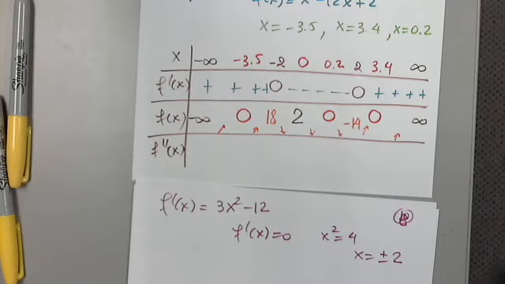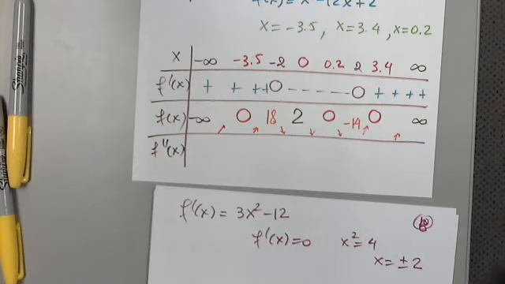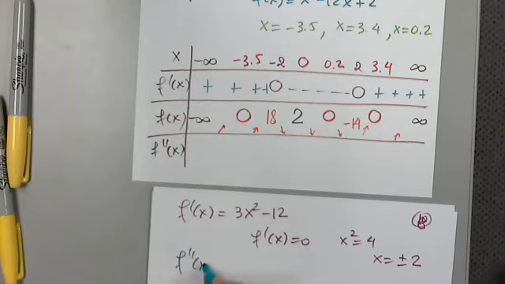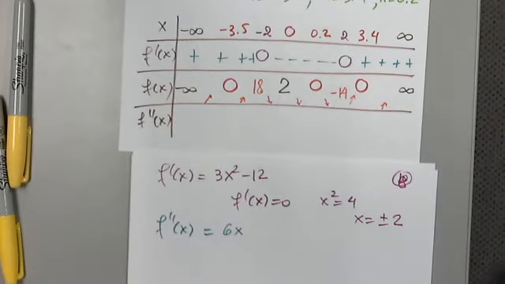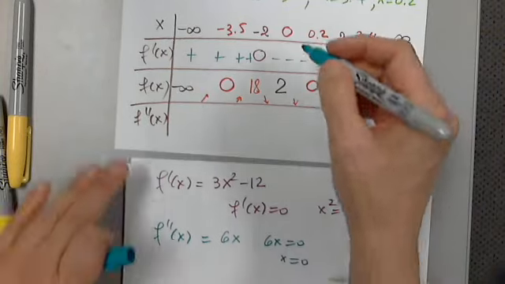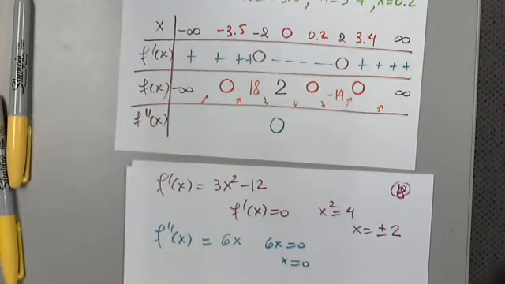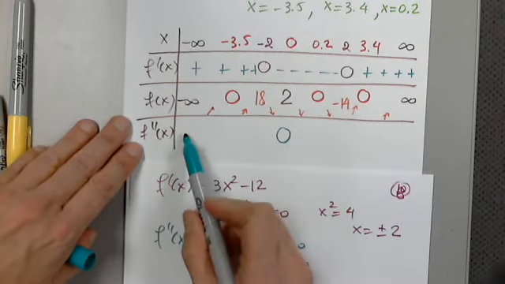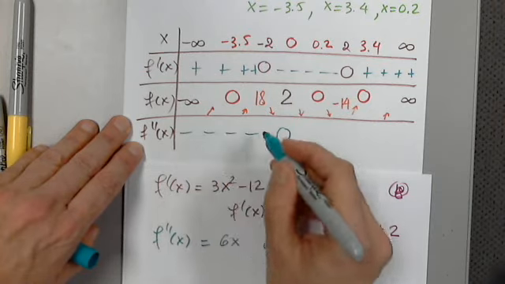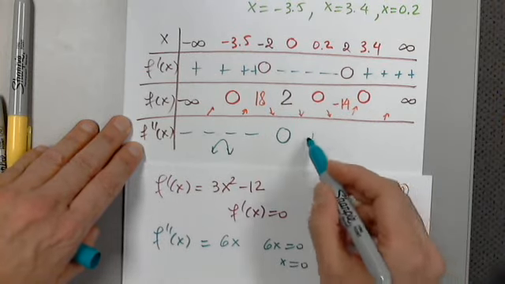I only have the second derivative now, which luckily is 6x. And 6x is 0 when x is 0. And the sign of 6x before 0 is negative, and after it is positive.